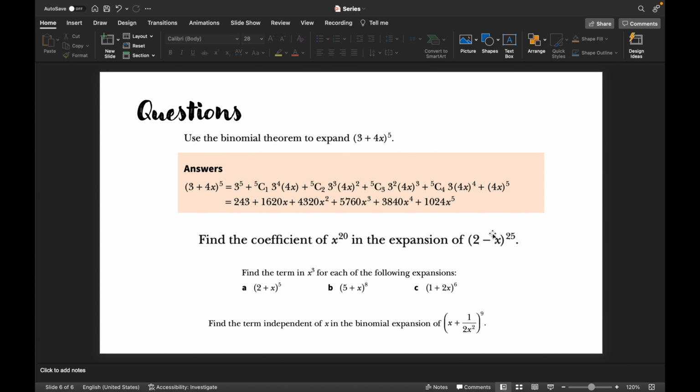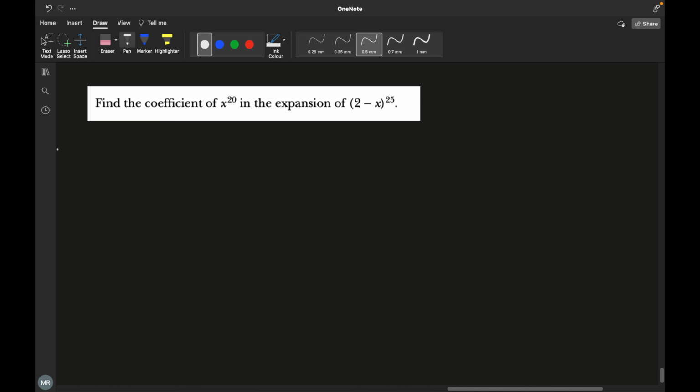But if you write this as (-x + 2) to the power of 25, doesn't it become simpler? Because then we go in descending order of x, starting with 25 and going down to 0. This way, you don't have to write about 21 terms, you just have to write 5 terms.